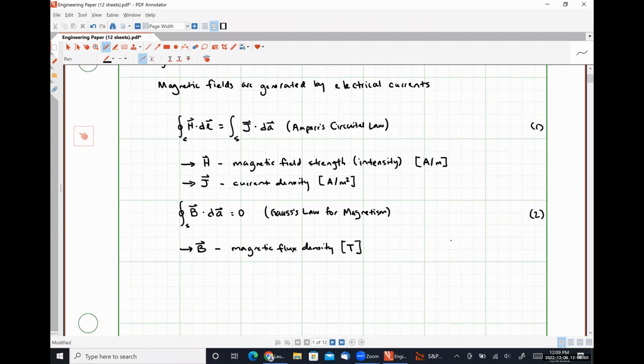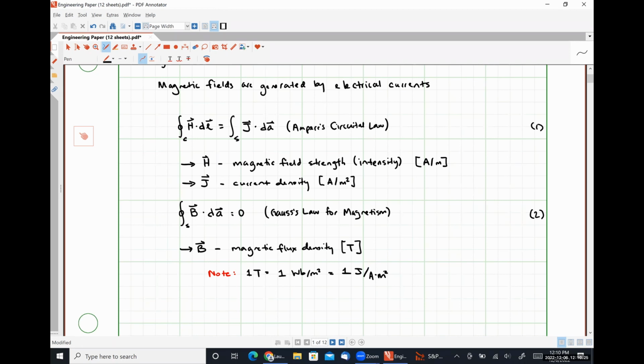I want to put a note here because I'm not sure how familiar you all are with the unit of Tesla. 1 Tesla is equal to 1 Weber per meter squared, or 1 joule per amp meter squared, so that when we mess around with units, we'll know what's going on.